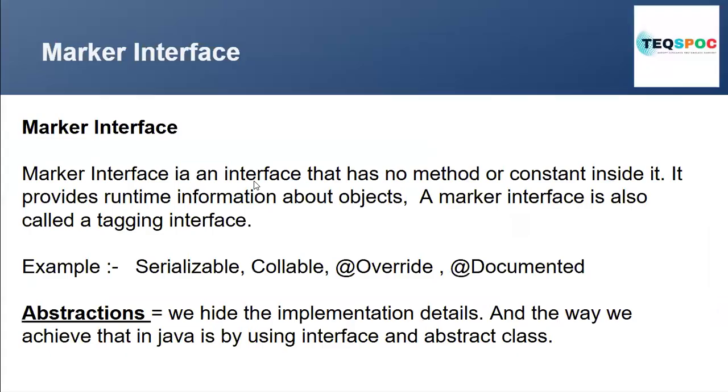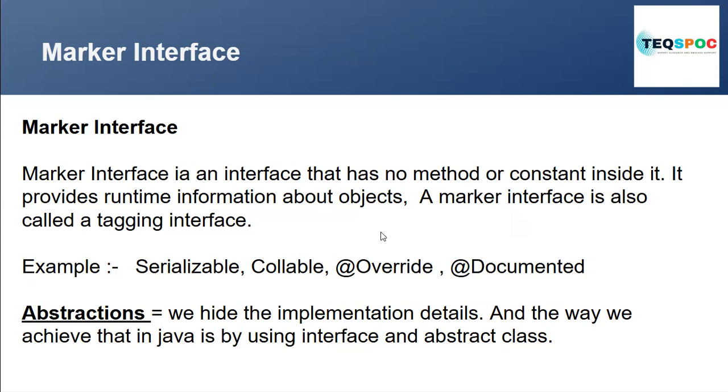First thing, what is a marker interface? A marker interface is an interface that has no method or constant inside. It provides runtime information about the object. A marker interface is also known as a tagging interface. In previous classes we have seen the overriding annotation and the deprecated annotation.